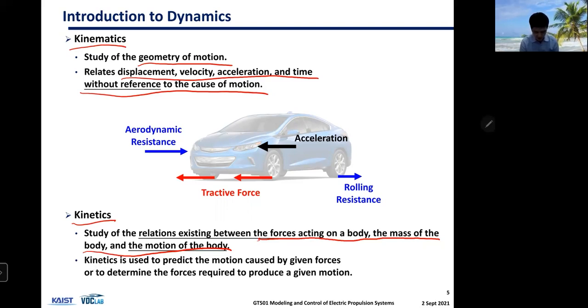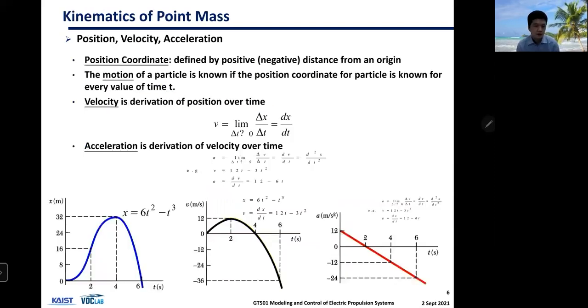And kinetics is used to predict the motion caused by given forces, or to determine the forces required to produce a given motion. For example, we are going to have to deal with position, velocity, and acceleration.